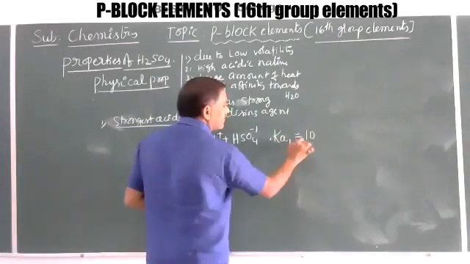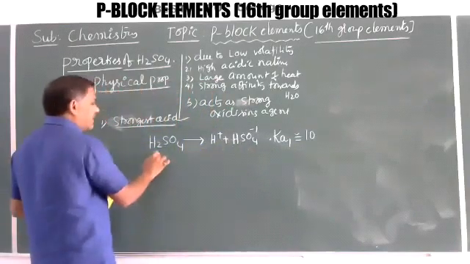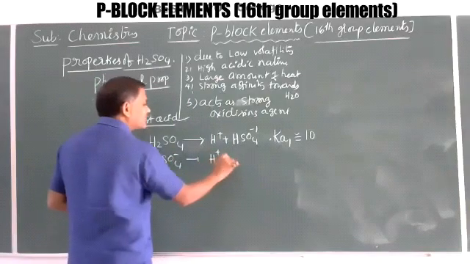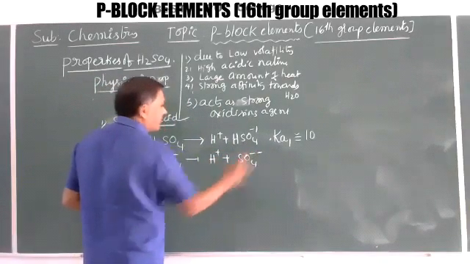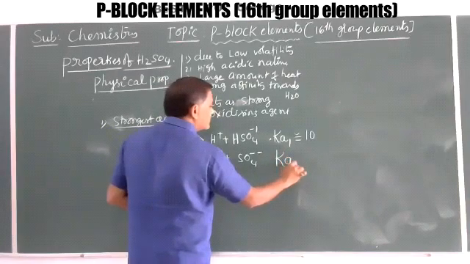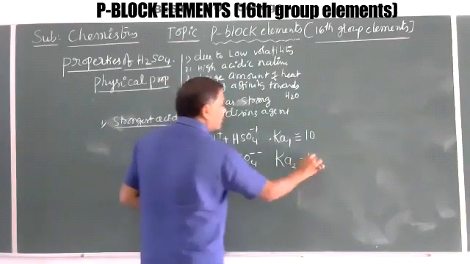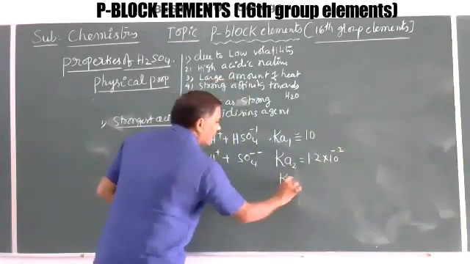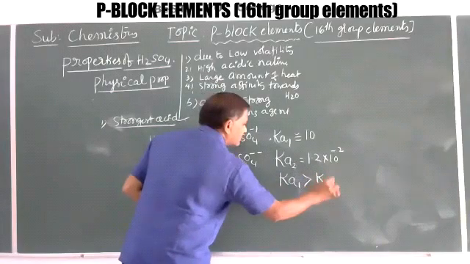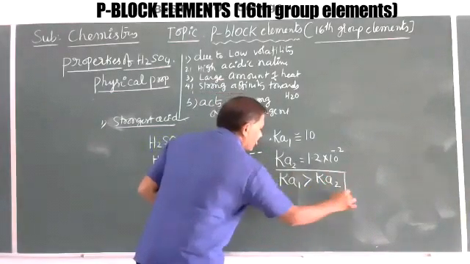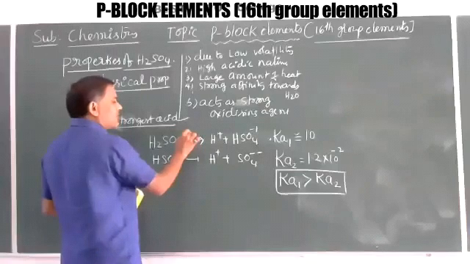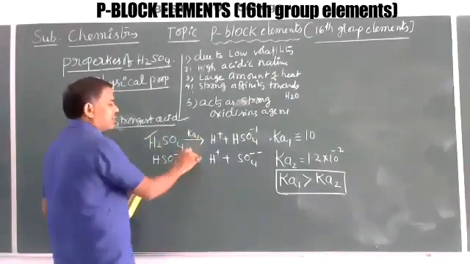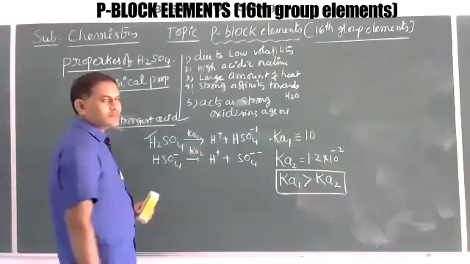The bisulfate again ionizes into H plus and SO4 2 minus. The dissociation constant in the second step is 1.2 into 10 power minus 2. Here Ka1 is always greater than Ka2, the first one completely ionizes.